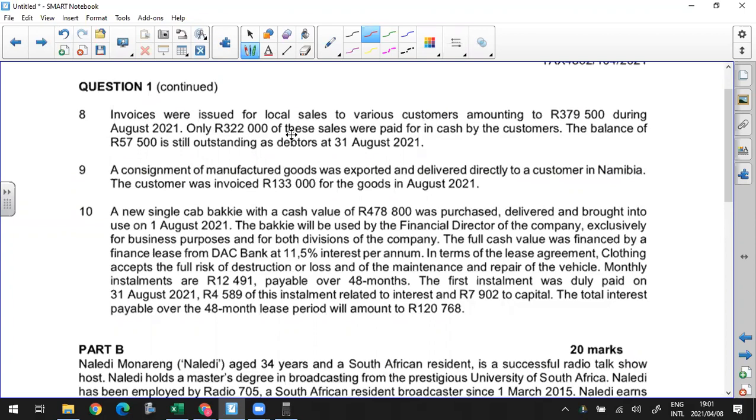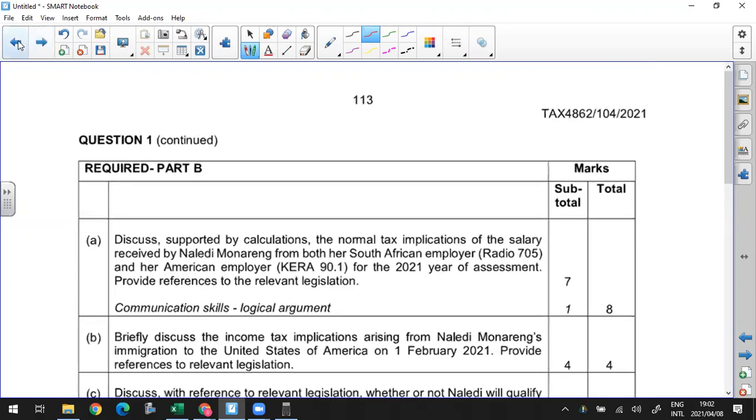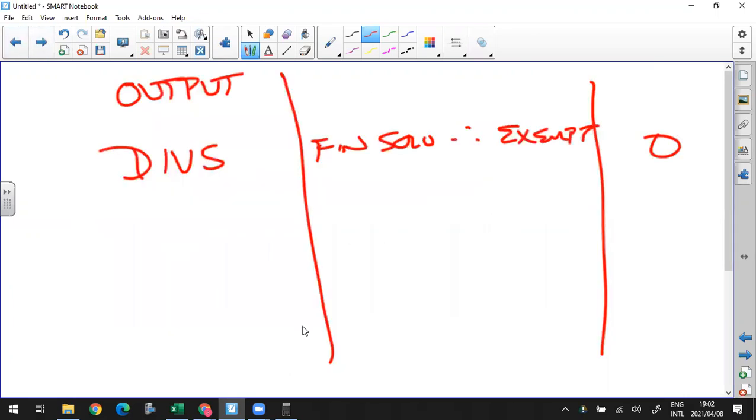Number 8 says invoices were issued for local sales to various customers amounting to 379,500 during August. Only 322,000 of these sales were paid for in cash. The balance of 57,500 is still outstanding as debtors. As far as this is concerned, it is totally irrelevant because you're registered on an invoice basis. So which number are you going to use for your VAT calc? 379,500 times 15 over 115.